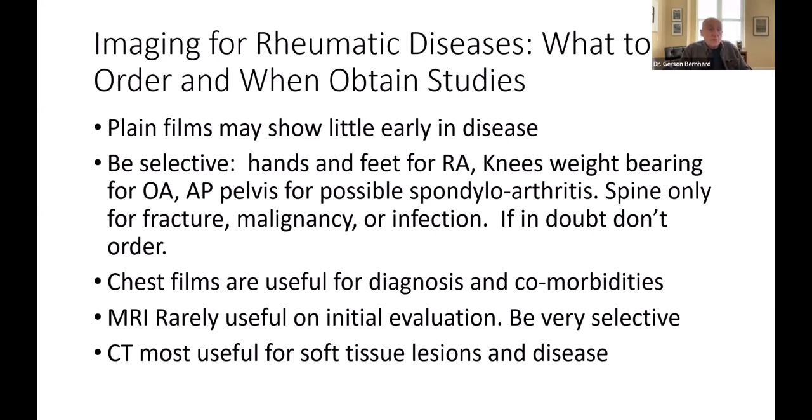The only time you really need spine films, which have a lot of radiation in them, is if you're concerned with fracture or malignancies or infection. So if there's a doubt and you're not really concerned about it, don't get the full spine films. Simply get the AP pelvis to tell you whether or not there's been erosion of sacroiliac joints that are consistent with inflammatory spondyloarthritic diseases.